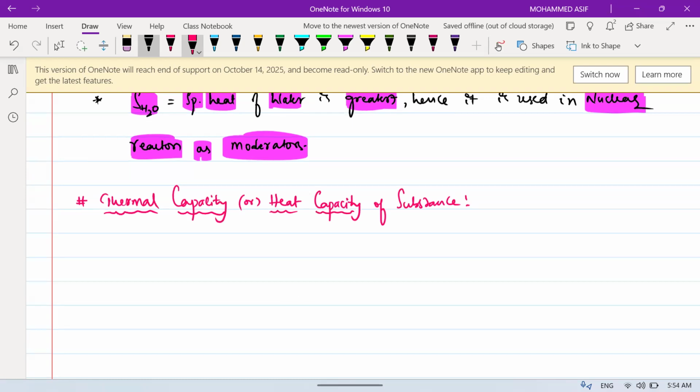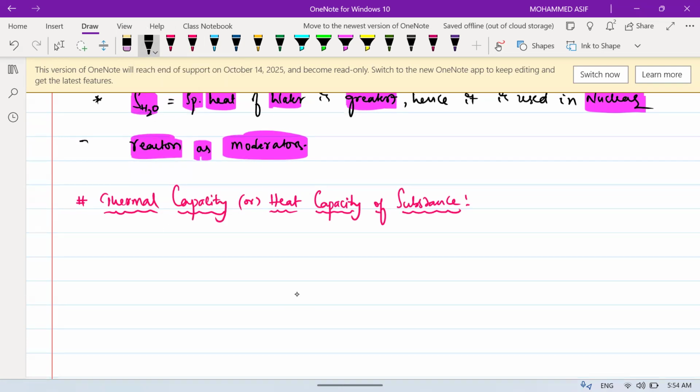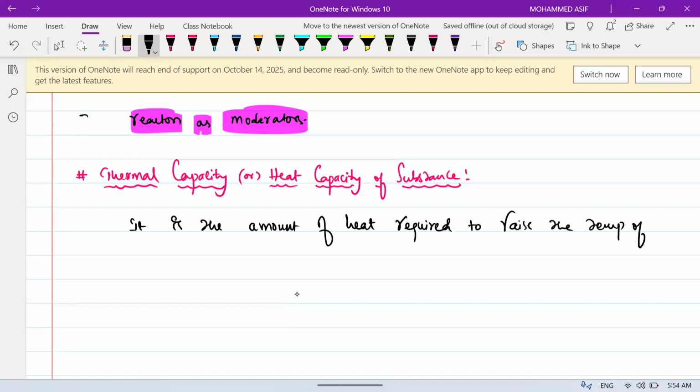Thermal capacity is defined as the amount of heat required to raise the temperature of a substance by 1 degree Celsius.